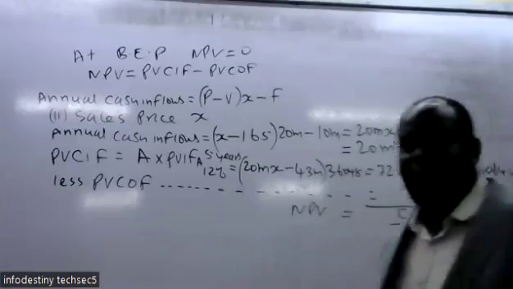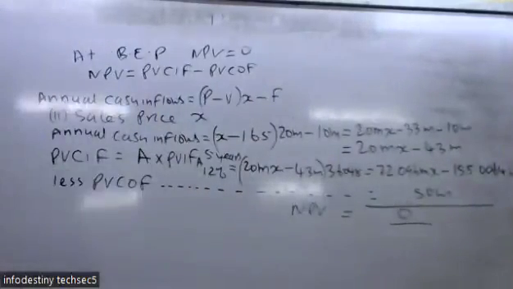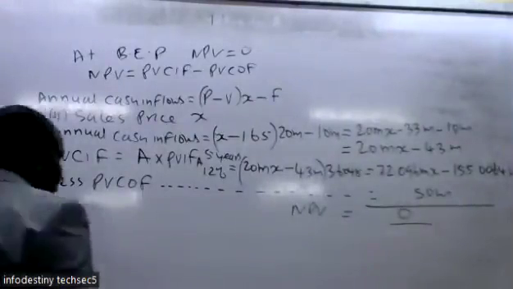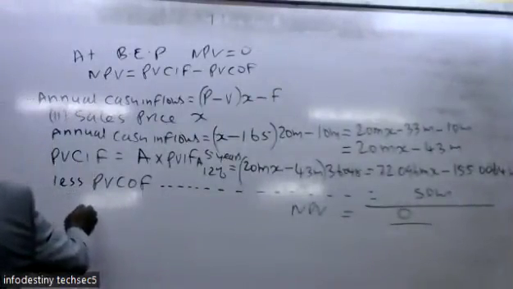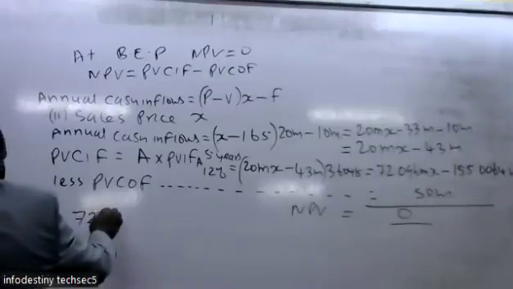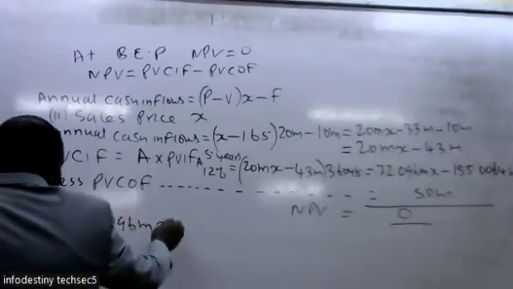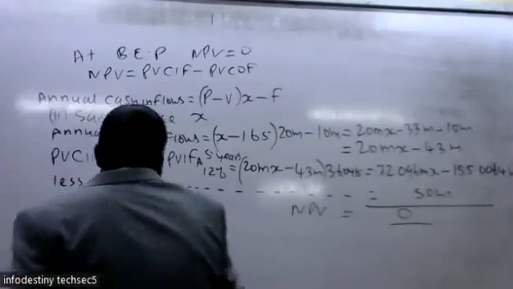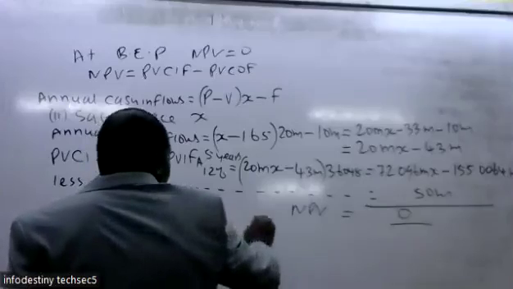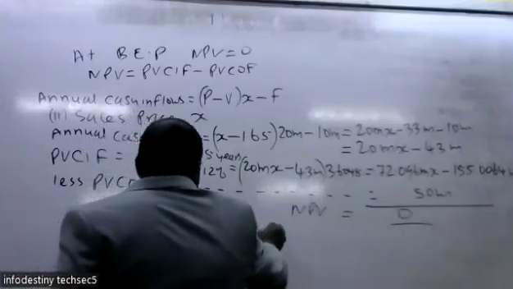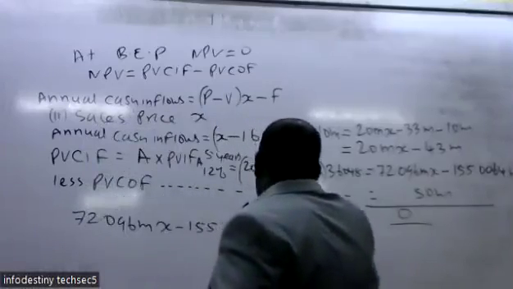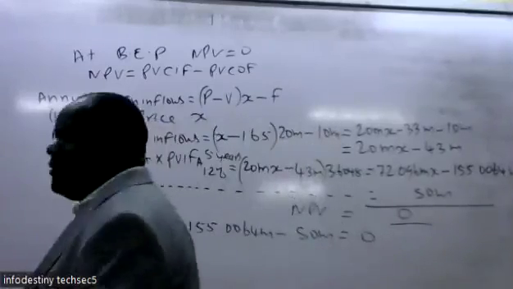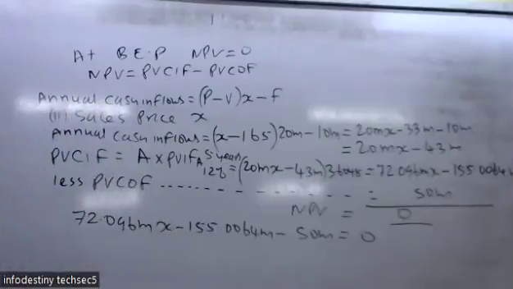So that our equation is going to be 72.096 million x minus 155.0064 million minus 15 million equal to 0. Now we also make x the subject again.